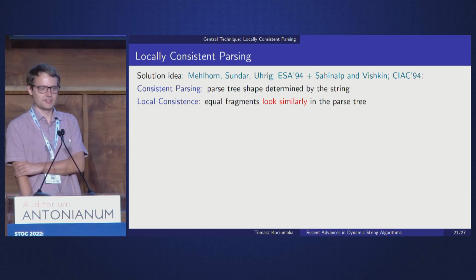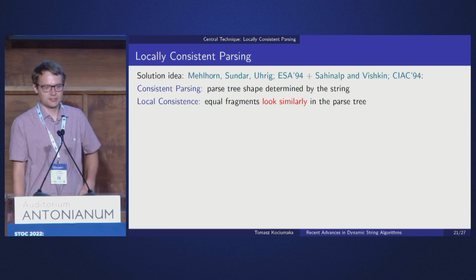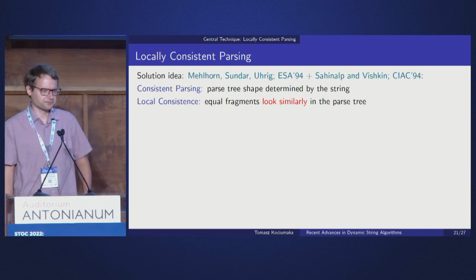And also it appeared in a paper on distributed suffix tree construction by Sahinalp and Vishkin. And here the idea is still to maintain a tree on top of the string, but now the tree should be constructed in a consistent way, meaning that the shape of this tree should be determined by the contents of the string, unlike in the previous solution where it was primarily dependent on the history of how the string has been created.